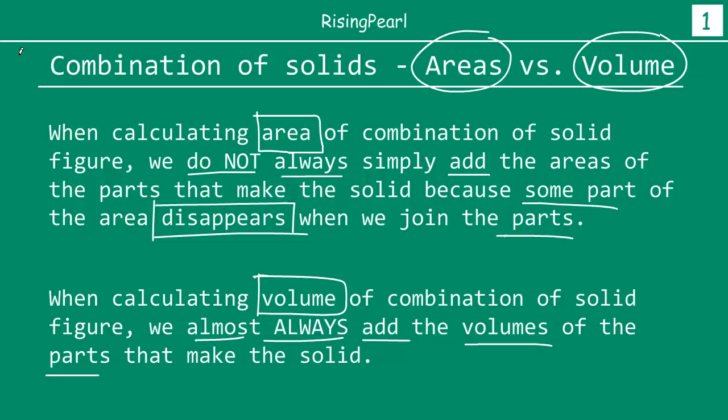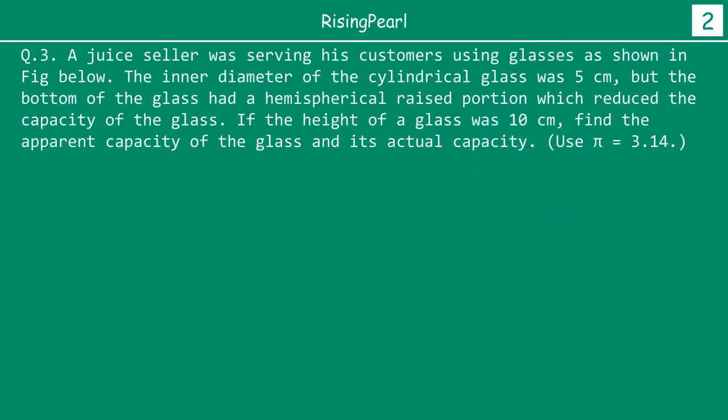This distinction, friends, is very important to keep in mind as you solve these questions that involve combination of solids, between finding out areas and finding out the volumes. So let's take a look at some examples.